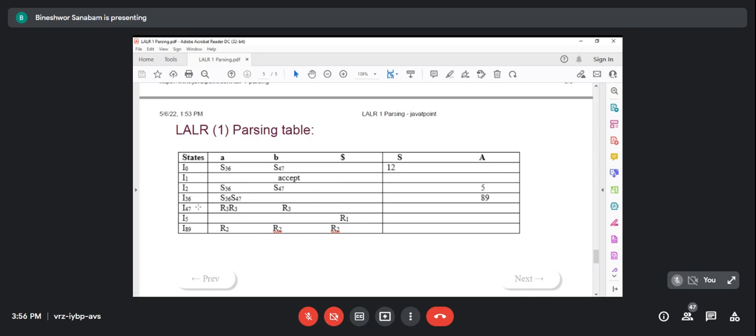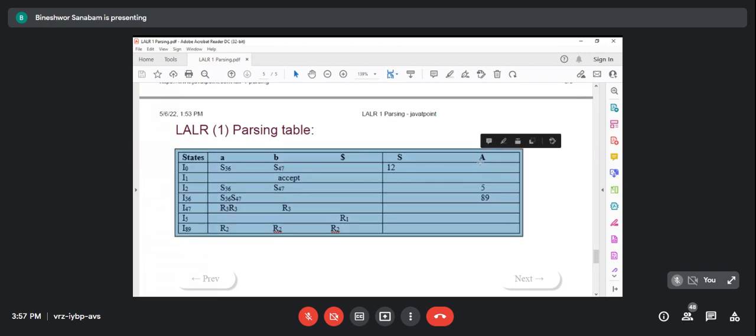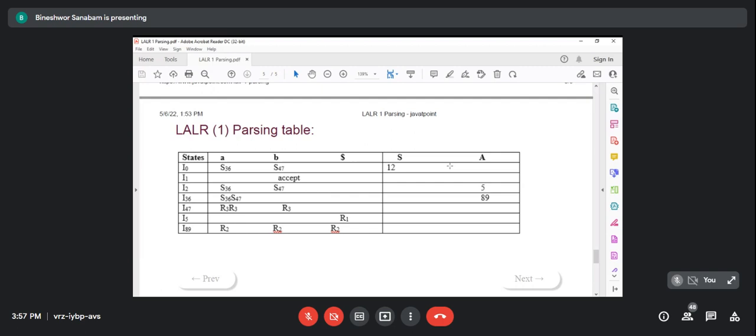So let me read it out. In I0, A will have S36, then B will have S47, and S must not have 1, 2. Only 2 must be there in A. So in S, it must be blank.